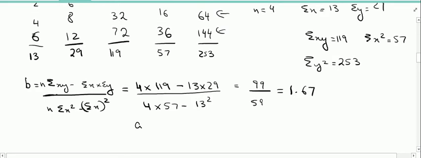Our a value will be summation of y over 4 minus b into summation of x over 4. Sorry, wait a minute, our summation of y is actually 29.